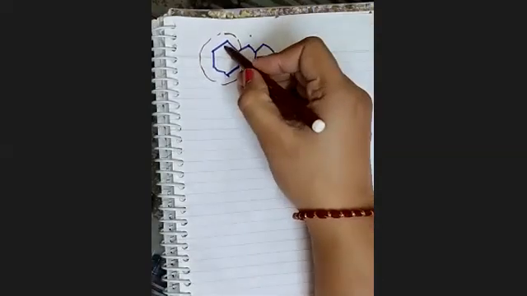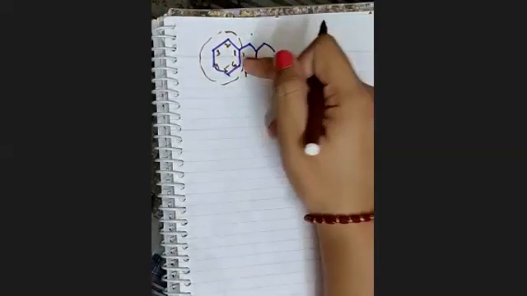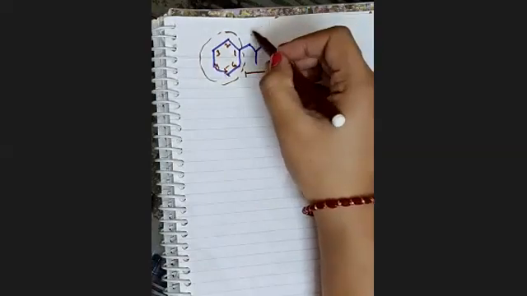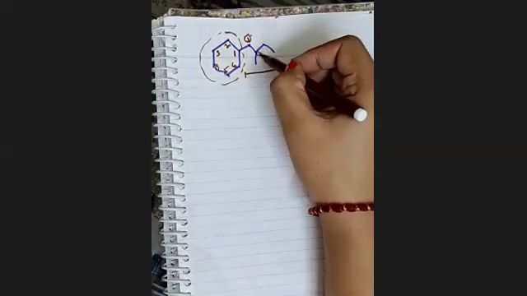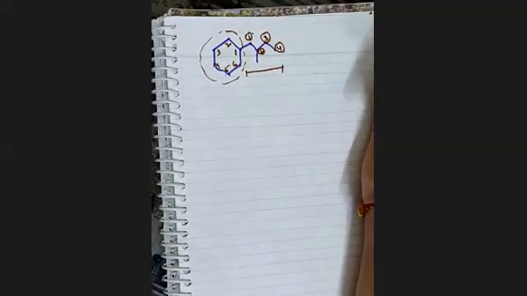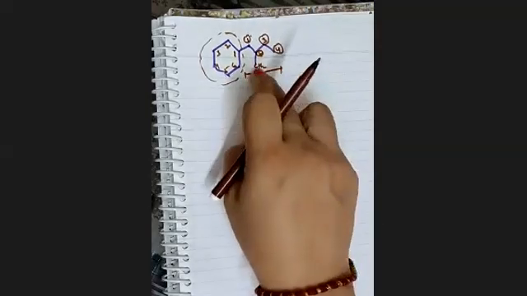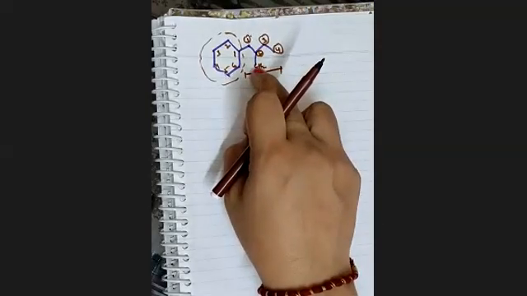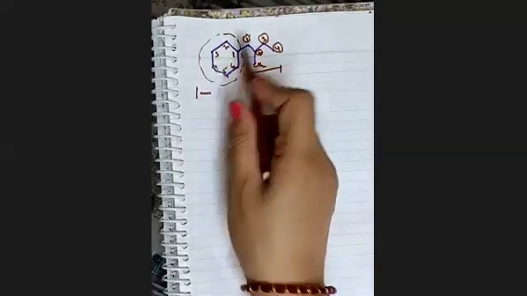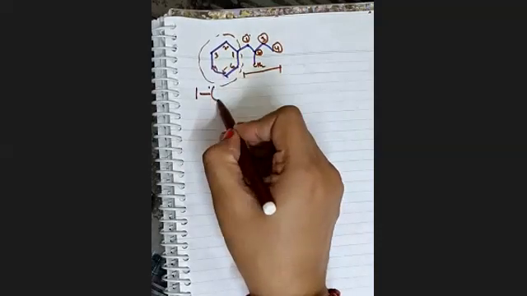So let's start with this one. First numbering 1, 2, 3, 4, 5, and 6. This is 6. Means your chain is attached to the first carbon. Let's move to this one. 1, 2, 3, and this one is the 4th carbon. How do you do the nomenclature? And with this there is a methyl group. The dash just stops there, no? It means this endpoint is considered as methyl. So let's do nomenclature. Since this entire substituent is attached to the first carbon, 1 bracket close.